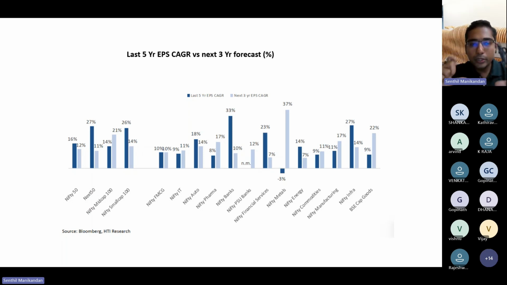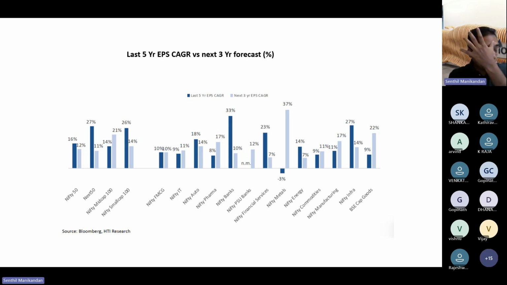This has to be factored into the valuations also. When a segment of the market is growing abnormally higher, it normally tends to get a better valuation. But as we go into a zone where the outperformance is going to come down, the valuations also have to be looked at from this scenario, and we have to moderate the valuations for small and mid caps.